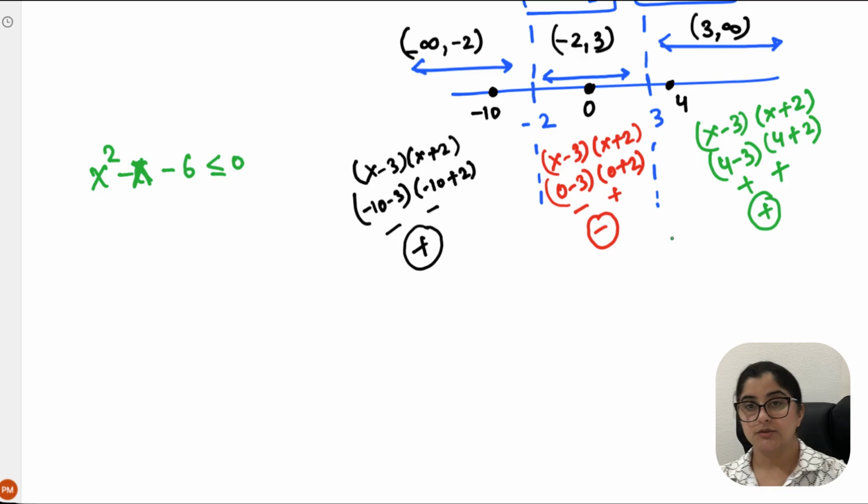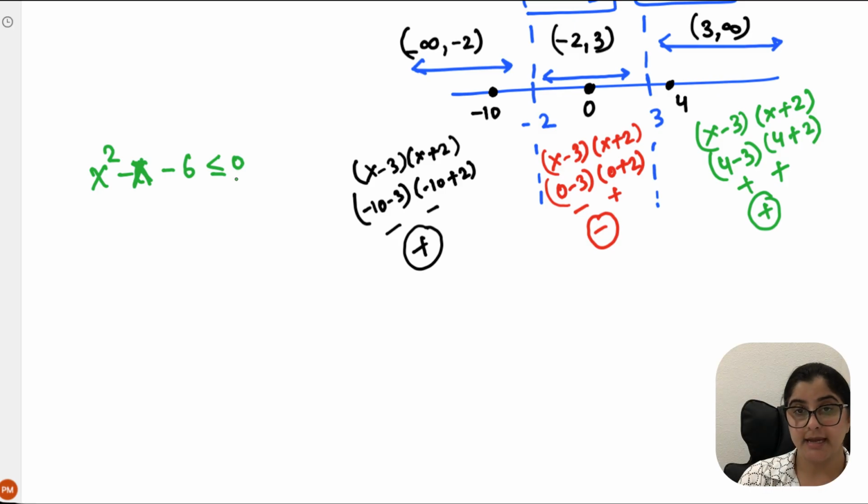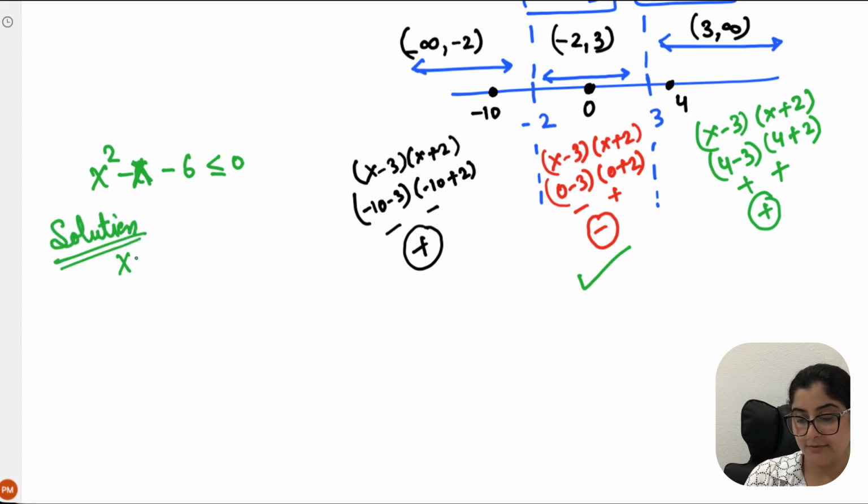Less than means negative, so this expression is negative only in this interval. So find the interval in which the expression value is negative. You can say x belongs to this interval, minus 2 to 3.